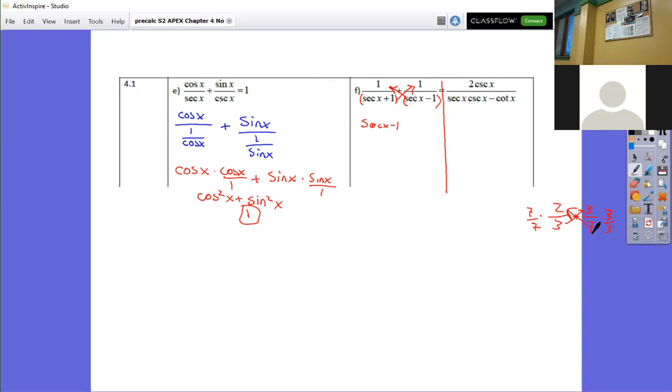All right, so I have secant x minus 1. I'm going to multiply this one. I'm going to get plus secant x plus 1 all over secant x minus 1 times secant x plus 1. Doesn't matter which way you write them. I'm multiplying it anyway.